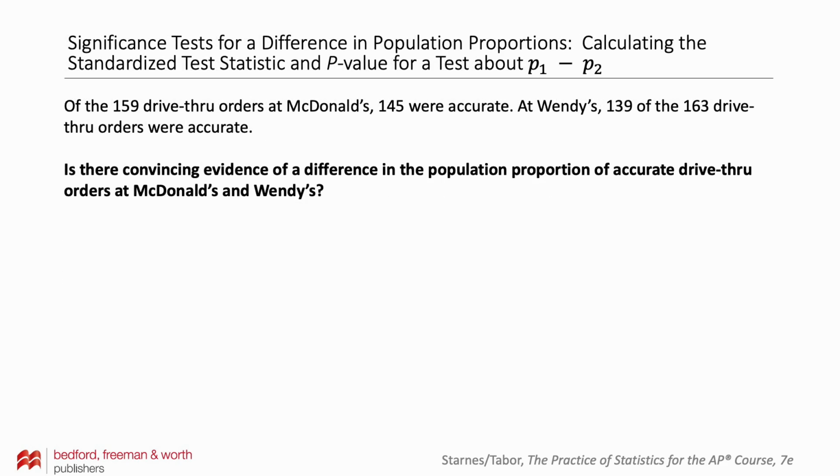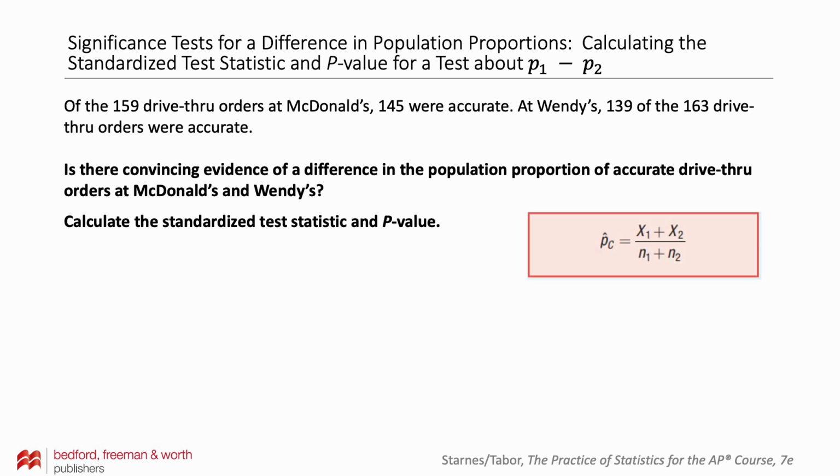Now, is there convincing evidence of a difference in the population proportion of accurate drive-through orders in McDonald's and Wendy's? So now we're still going to calculate the standardized test statistic and find our p-value. Remember, we need to find our combined proportion there. So we're going to do 145 plus 139, and then divide by 159 plus 163, and we get 0.882.